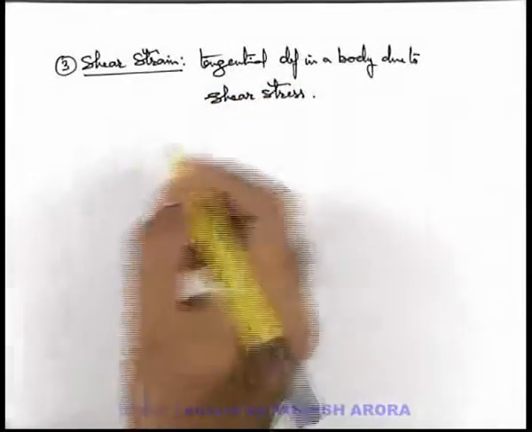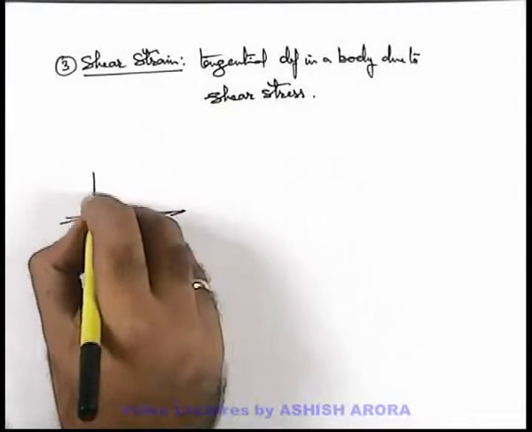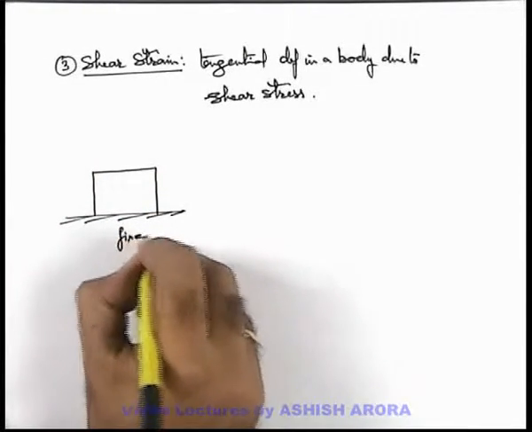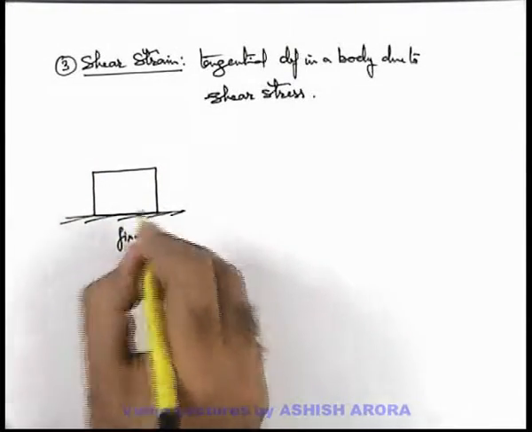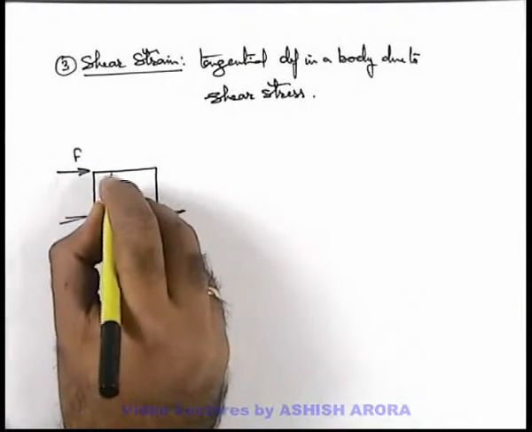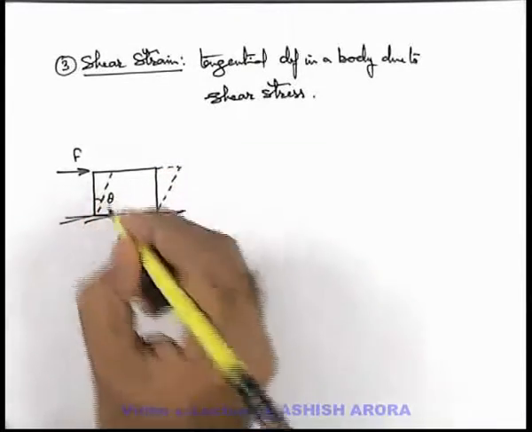We just take the similar case that we take for understanding the shear stress. Say there is a body which is fixed at its bottommost point, and a tangential force F is applied onto it, the body will get deformed slightly in tangential direction, say by an angle theta.